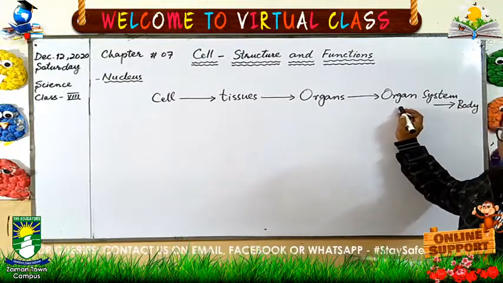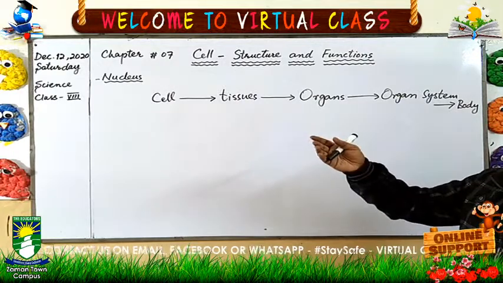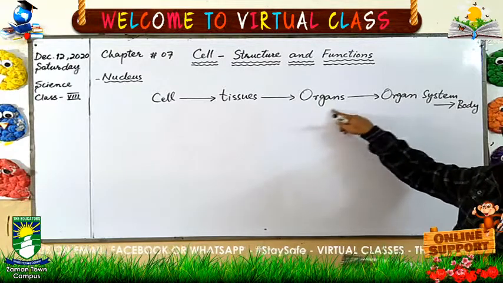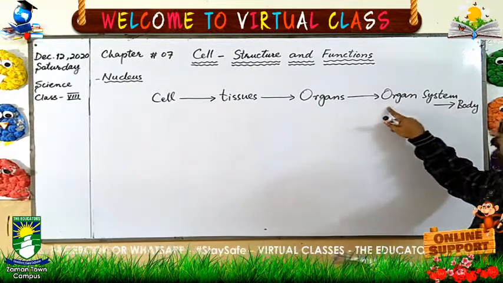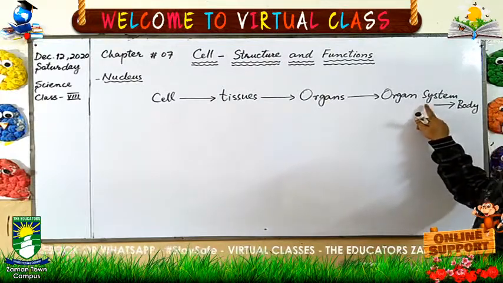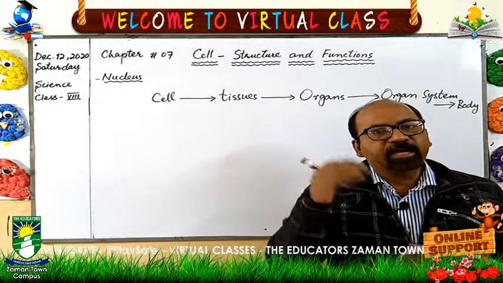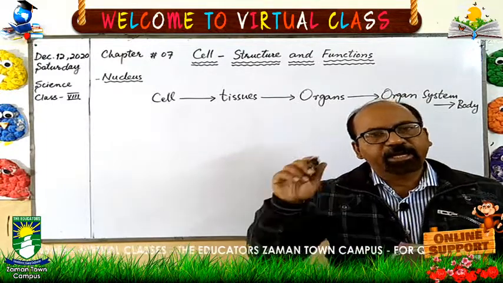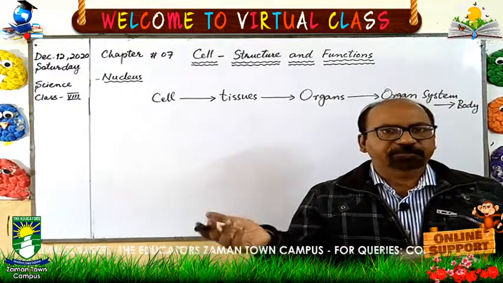For example, if we take the example of the heart, arteries, veins and blood, these organs are working together and making an organ system, and this system is called the circulatory system. In our body there are a lot of other systems which are working collectively for our body to be alive.